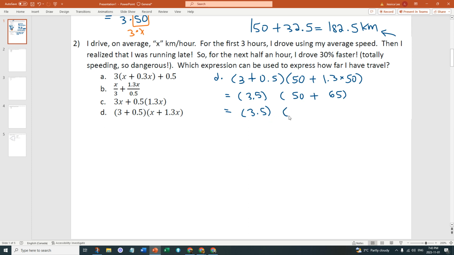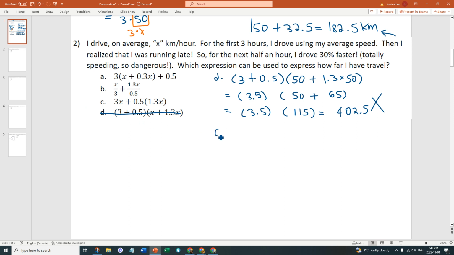So 50 plus 65 gives me 115. So from the first bracket, I have 3.5. The second bracket, I have 115. And 3.5 times 115 gave me 402.5. It is not 182.5, so this is not the right answer.